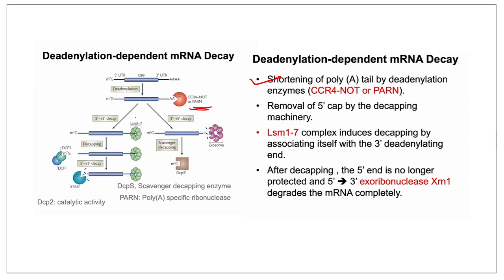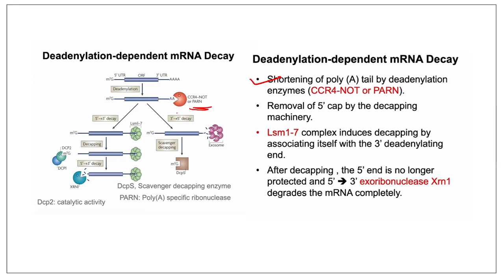When this LSM 1 to 7 complex binds at the 3 prime site, it recruits another enzyme known as DCP1 and DCP2. It is a dimer, two enzymes, DCP1 and DCP2. This dimer comes and removes the 5 prime cap. And as the 5 prime cap is removed, another enzyme known as XRN1 comes and starts degrading the RNA.